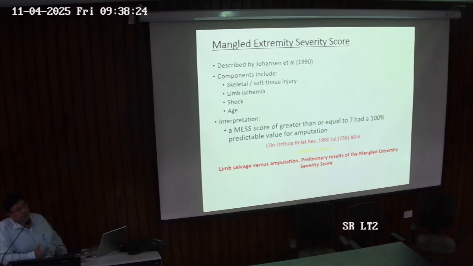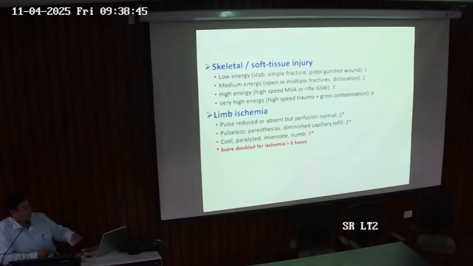So when the distal part is non-viable and non-repairable, we still have to go for amputation. For that we have two scores commonly used: the Mangled Extremity Severity Score and the Ganga Hospital score.